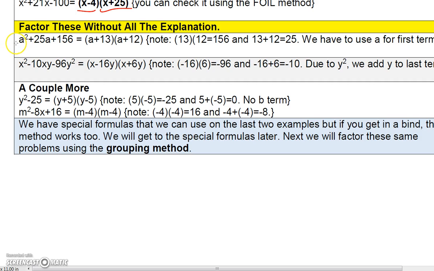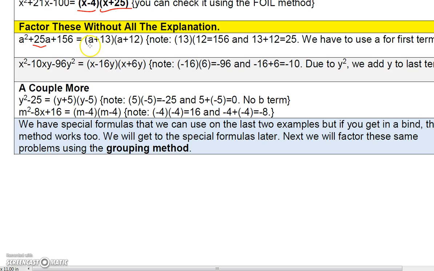Here we have a squared plus 25a plus 156. Now, you may have to write down on scratch paper the different factors of 156. I don't know what the different factors are right off the top of my head, but I do know that a pair of factors that multiply together to give 156 are 13 and 12, and that the sum of 13 and 12 is equal to 25.